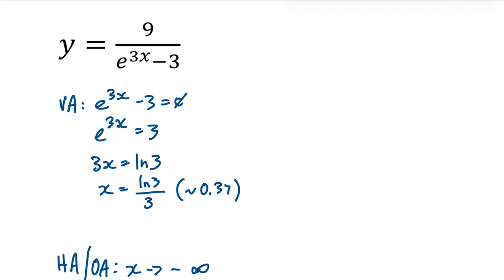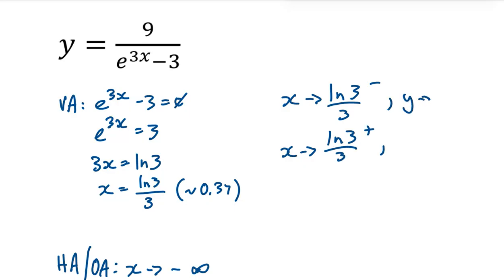So vertical asymptote, you're just setting the denominator equal to 0. This does have one. That is solvable. Now what? You have to do your testing.